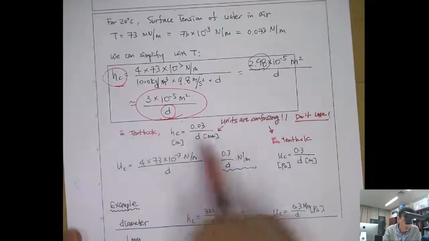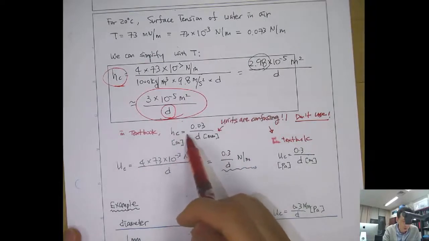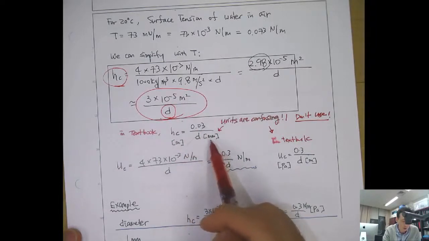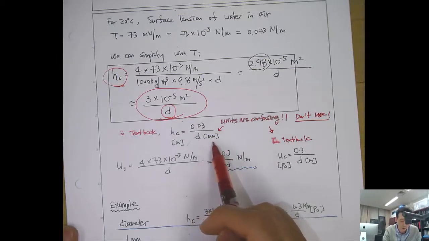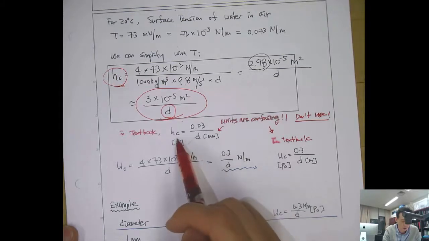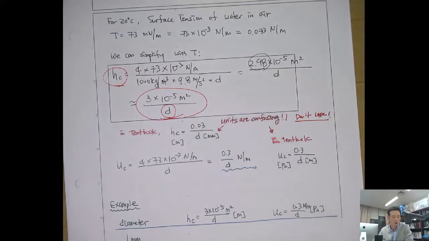If you look at the textbook, it shows that HC is 0.03 over D, without any unit, but it recommends using D in millimeter, and then you end up having HC in meter. But this is quite confusing, so I don't recommend using this equation.